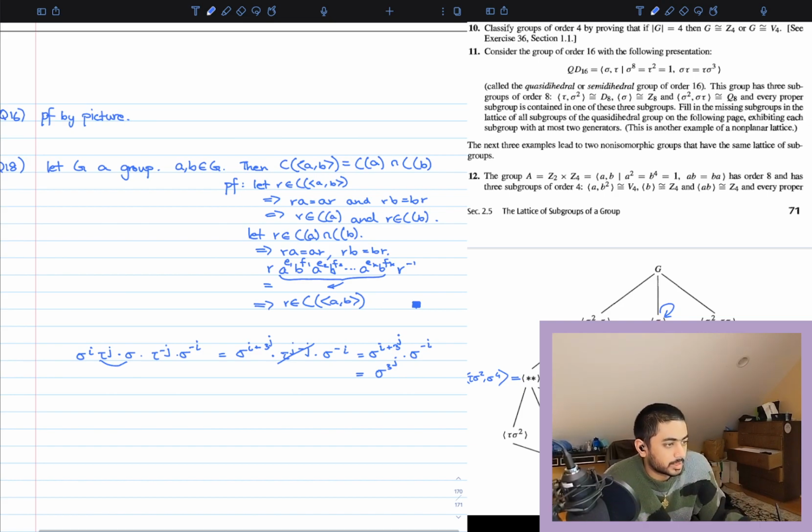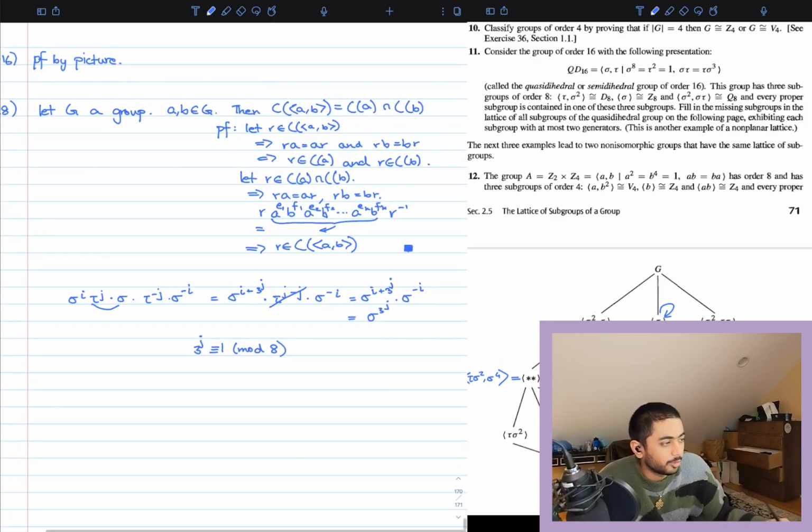And the question is, is this the same thing as sigma? So the question is, when is 3 to the j equivalent to 1 mod 8? Which powers of 3 come out to 1? Let's see. What are the powers of 3? We've got 3, and we're working mod 8, remember. 3 squared comes out to 1. I see.